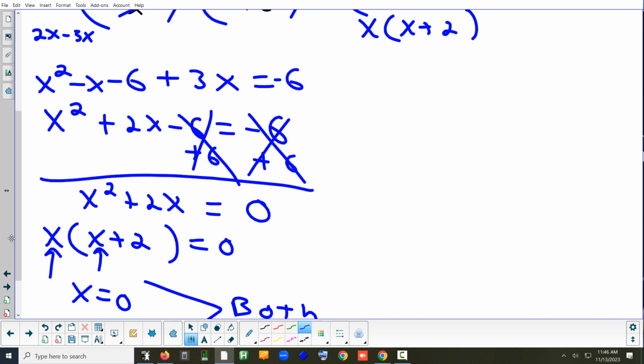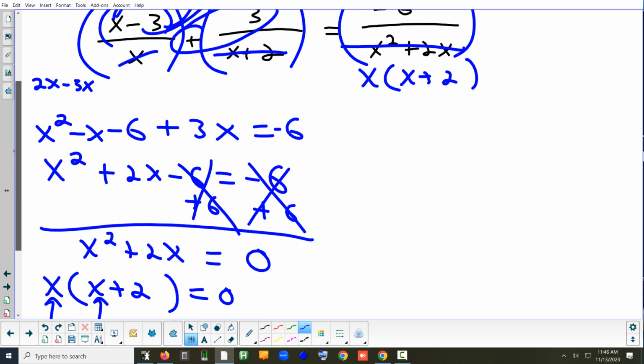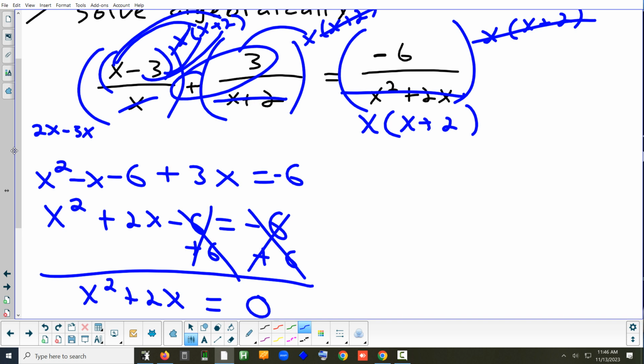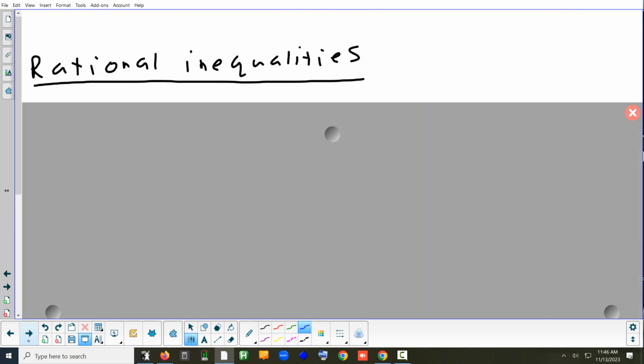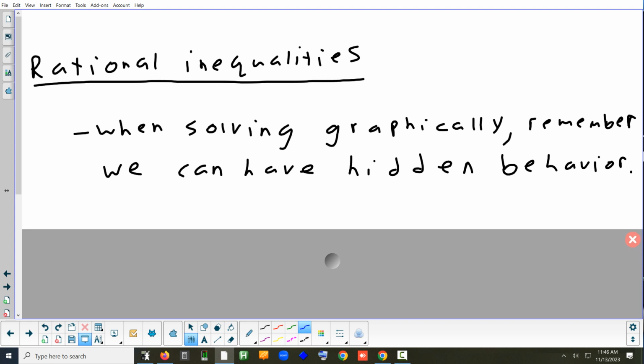If you don't know whether you're multiplying by a negative or positive, you don't know if you should be flipping the inequality, which is why the method I taught you for equations does not work for inequalities. For equations, it doesn't matter if you multiply by a positive or a negative. You're always going to keep an equal sign. So that method is fine. But with inequalities, it's a little different.